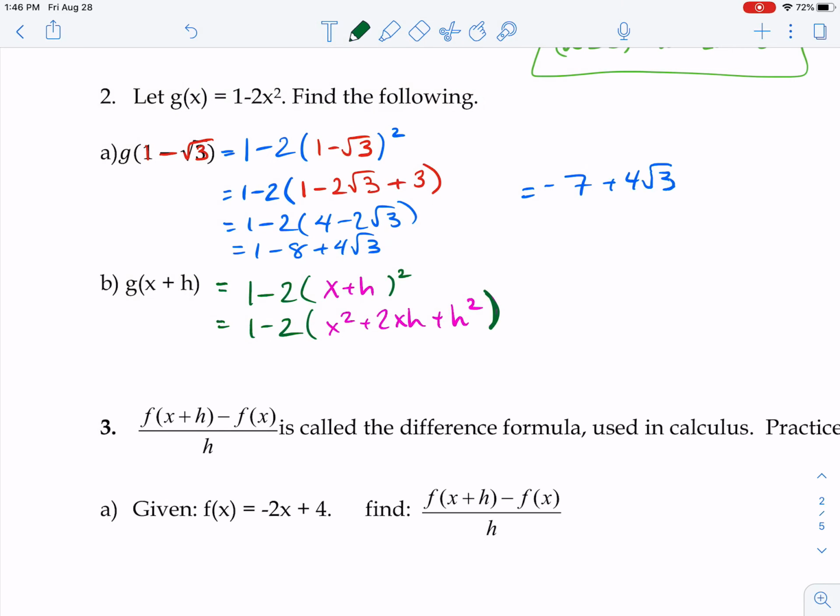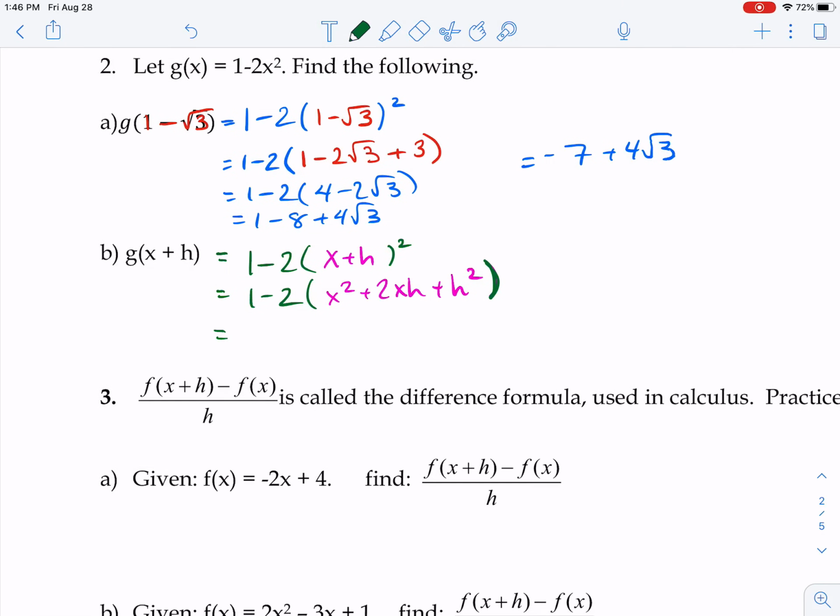There's that, just for consistency's sake. 1 minus 2x squared minus 4xh minus 2h squared. And for this one, there's not really a standard form per se. When you have multiple variables, we could stop here or we could rearrange it. It doesn't matter a whole lot.